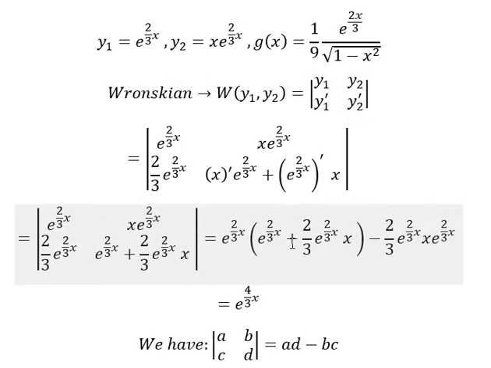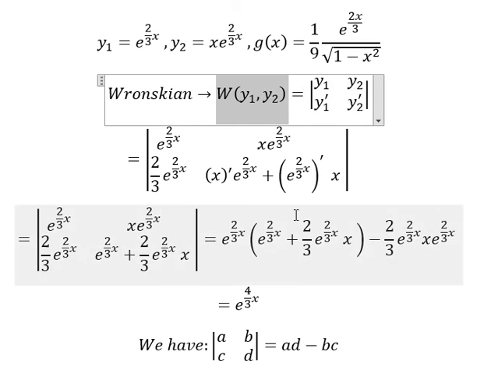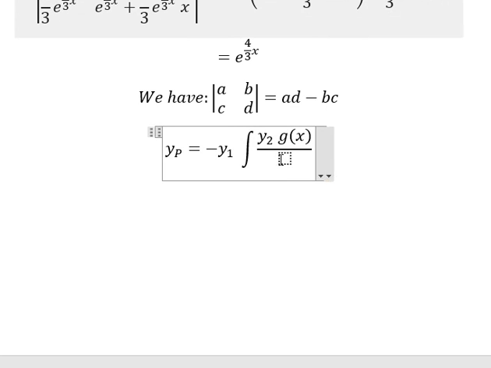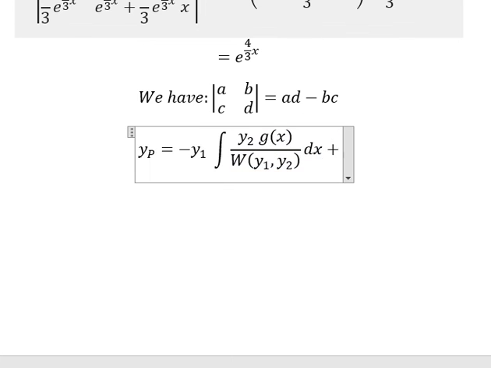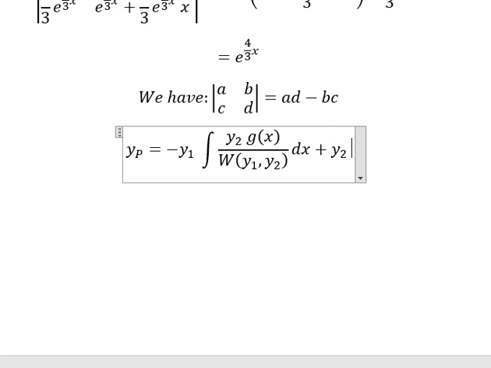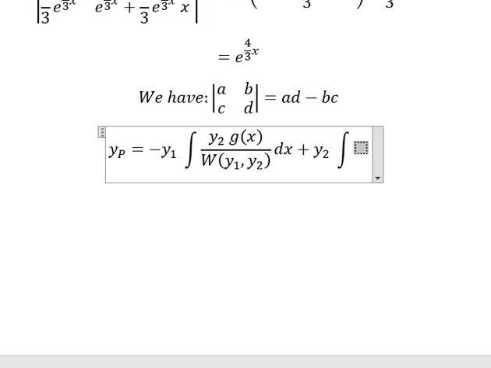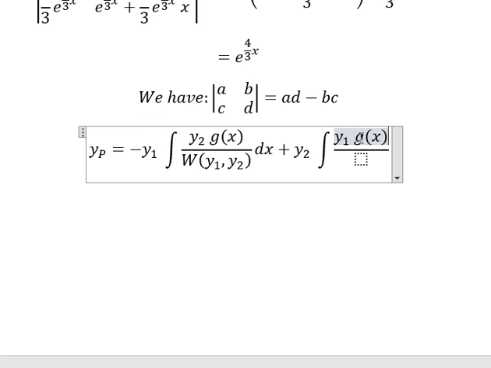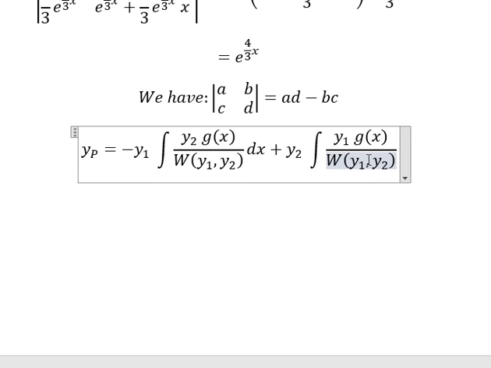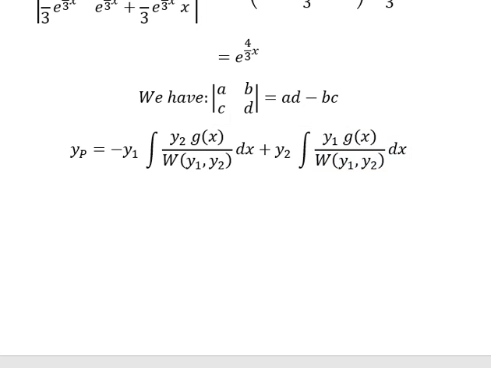Later the Wronskian I will put in the denominator, plus y2, and we have the integration of y1 3s over the Wronskian ds.